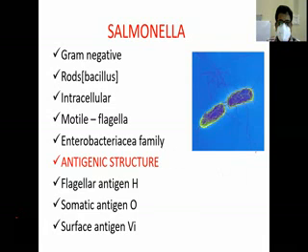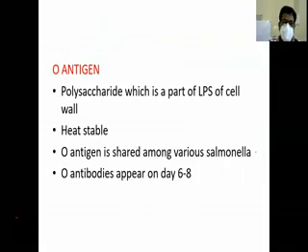And you'll see the O antigen. It is a polysaccharide which is a part of the LPS of the cell wall and it is heat stable. O antigen is shared among various salmonellas, and if the patient has infection, antibodies against the O antigen will appear on day 6 or 8.